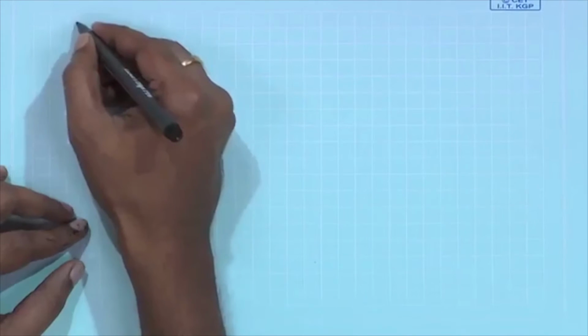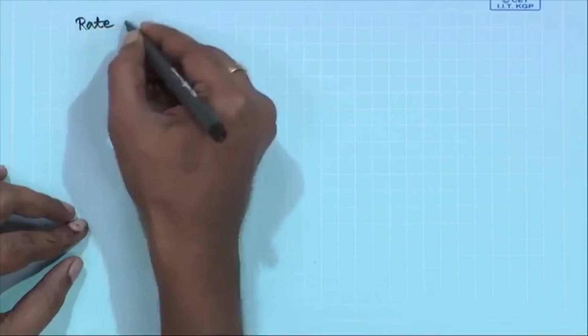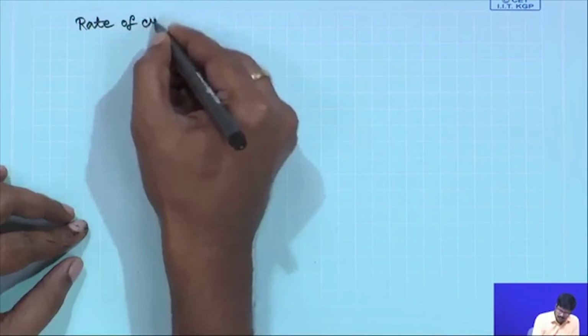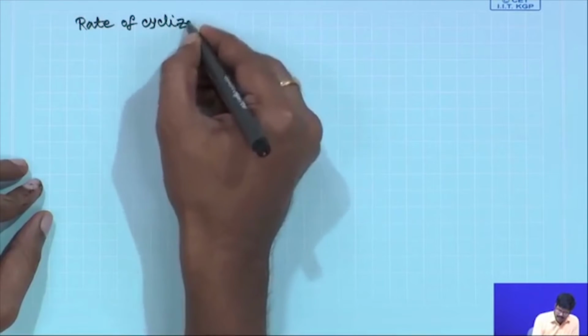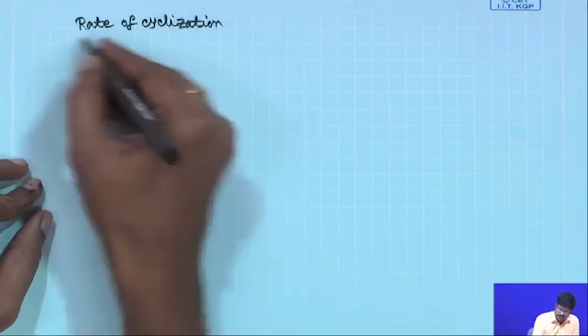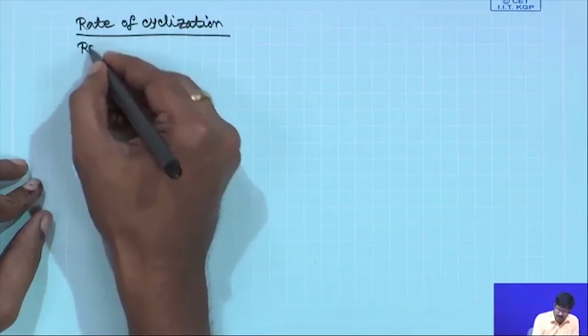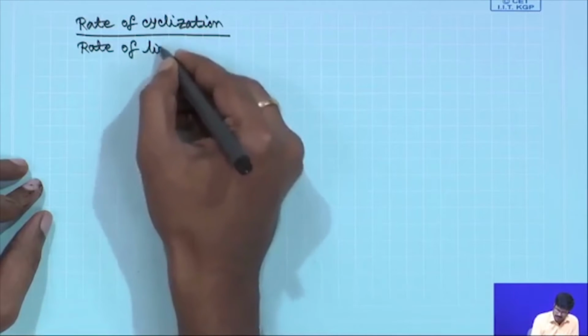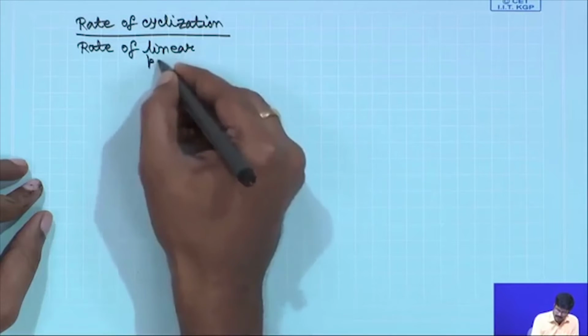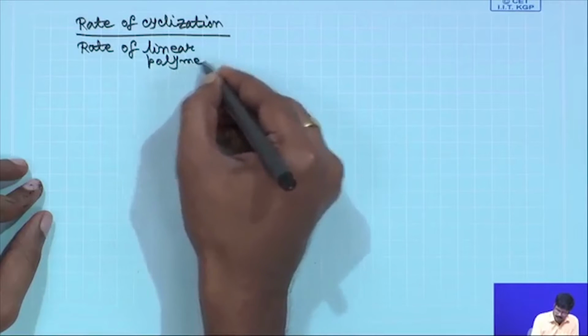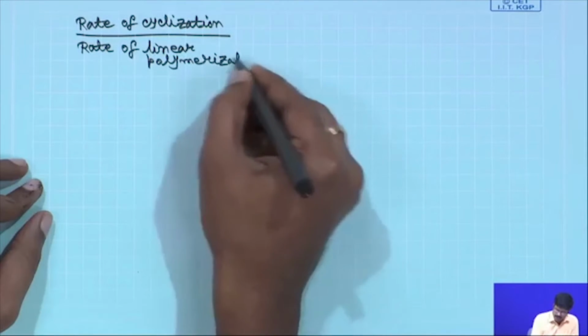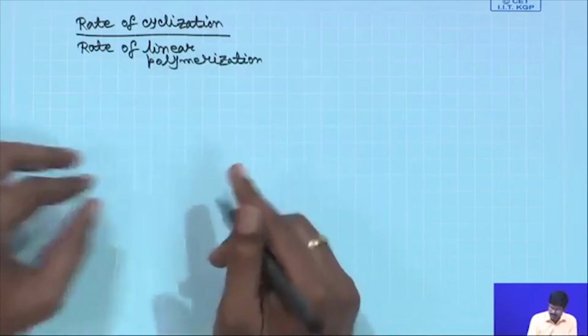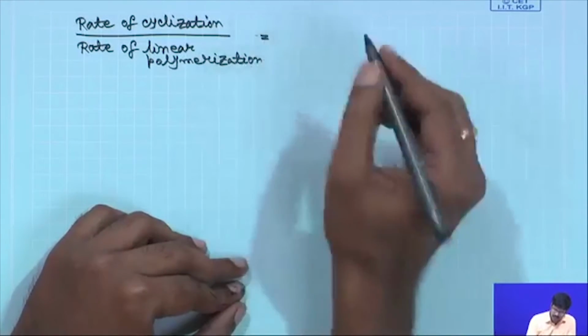Now, something else. If you are looking at the ratio of the rate of cyclization and the rate of linear polymerization, that will be something like this.